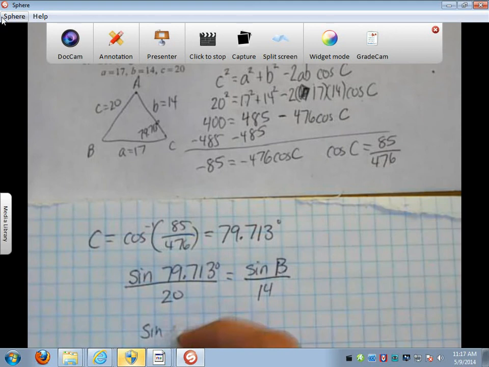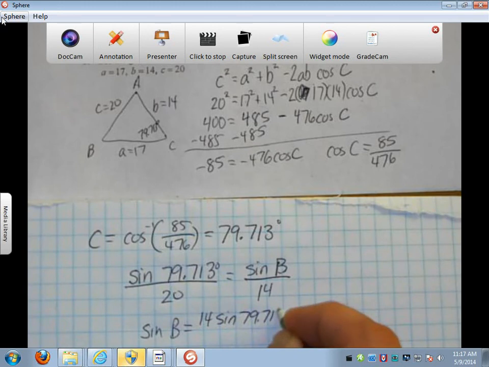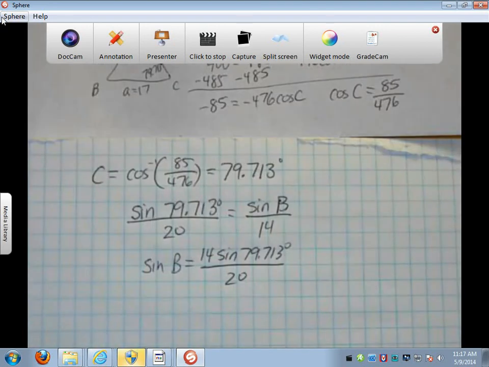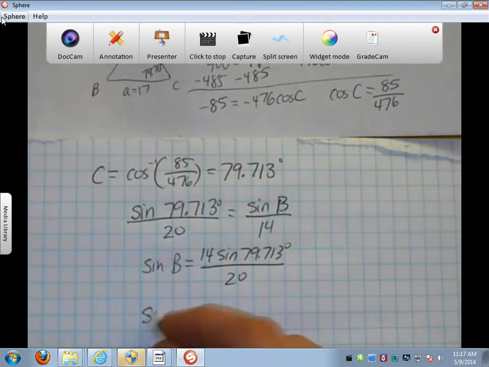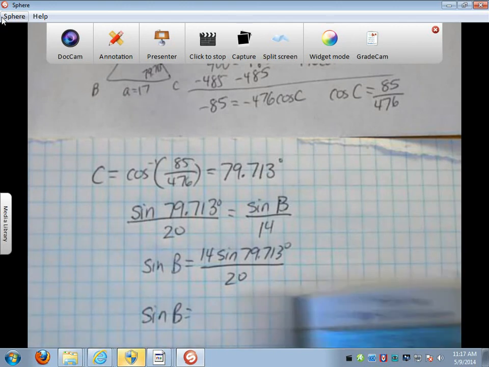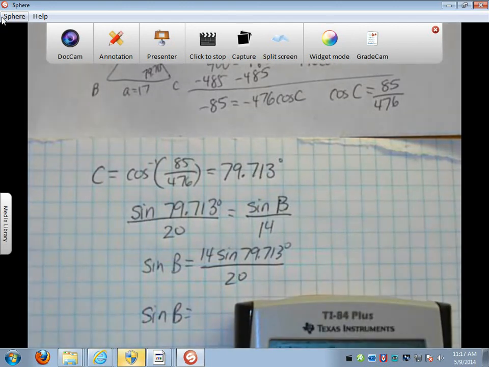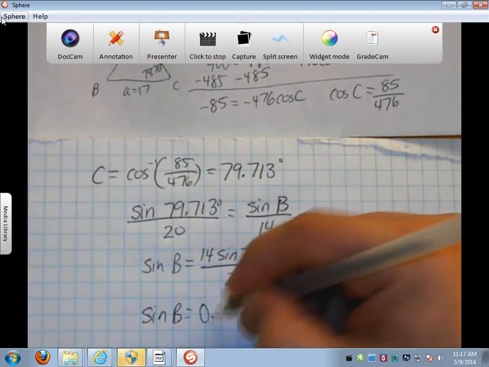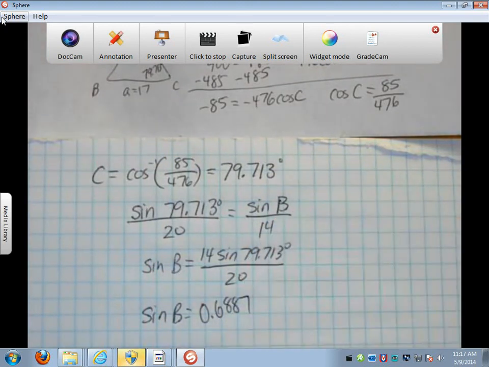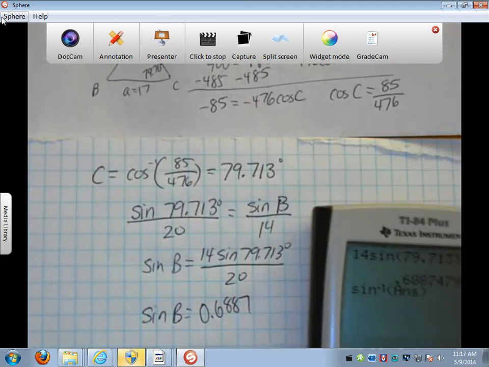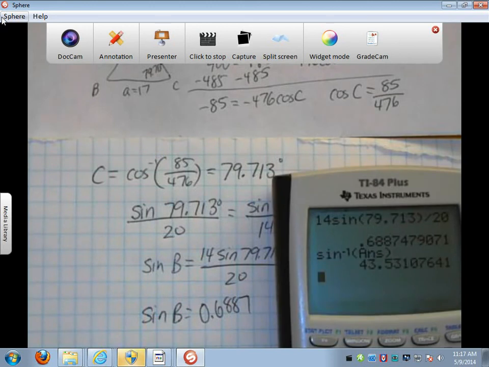So the sine of B equals 14 sine of 79.713 degrees divided by 20. Take the arc sine, and we get about 43.53 degrees.